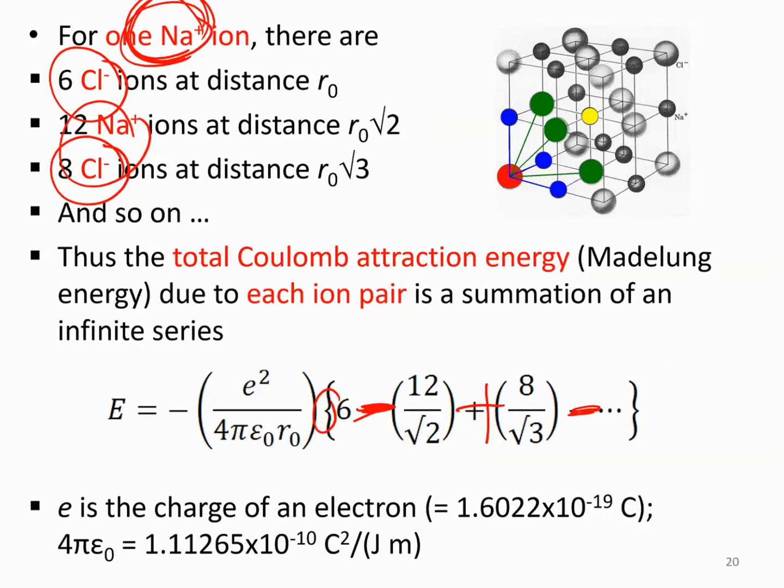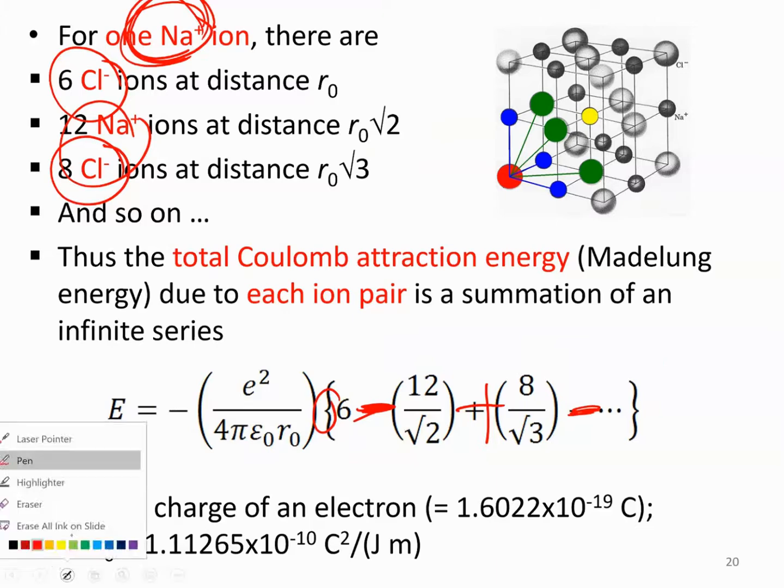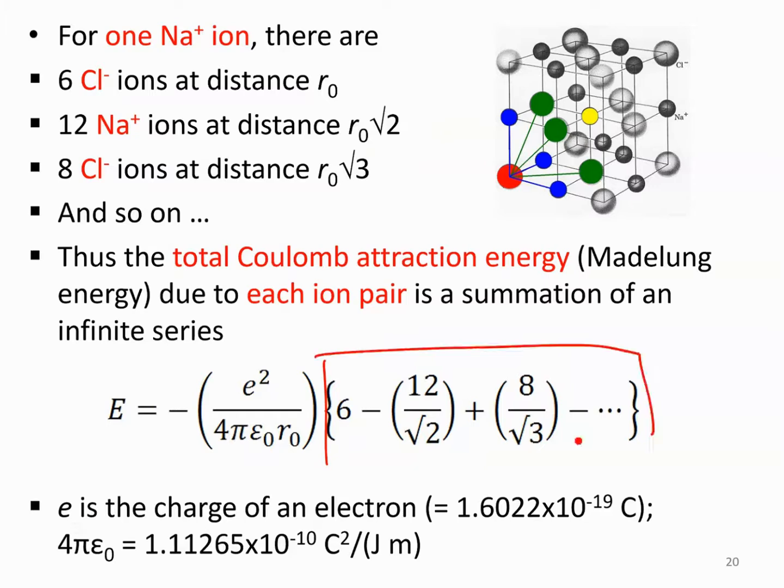Then now you just solve this one. Of course this e will be the charge of an electron, 1.6 times 10 to the power negative 19. And 4 pi epsilon naught is equal to this value.